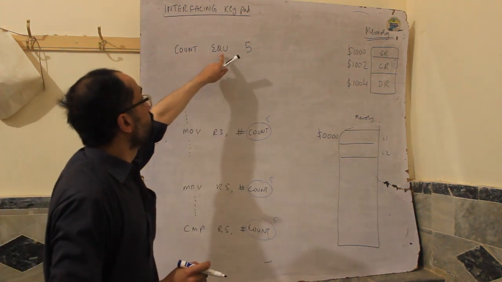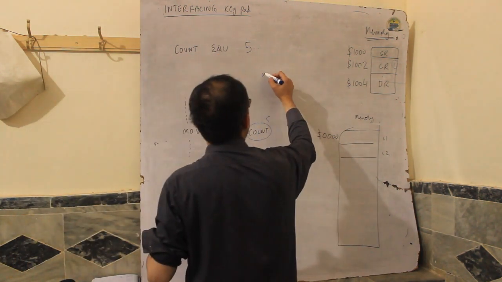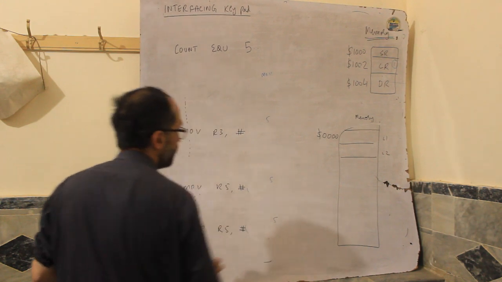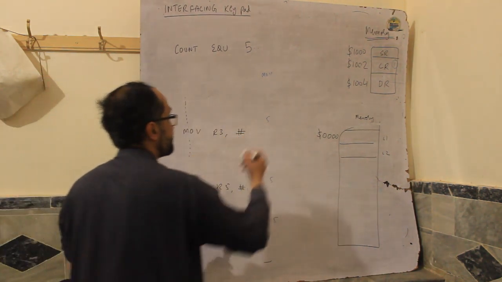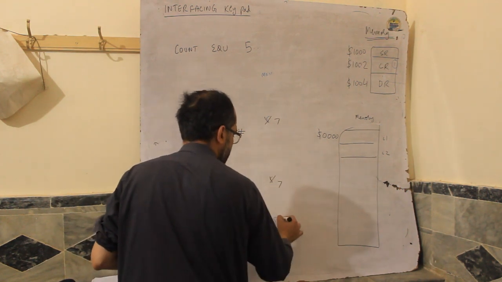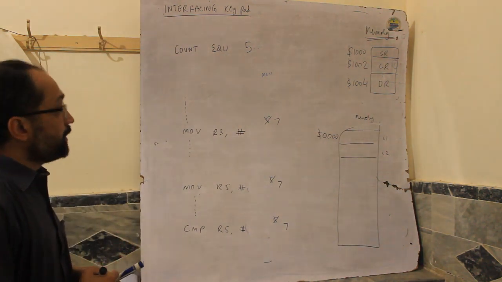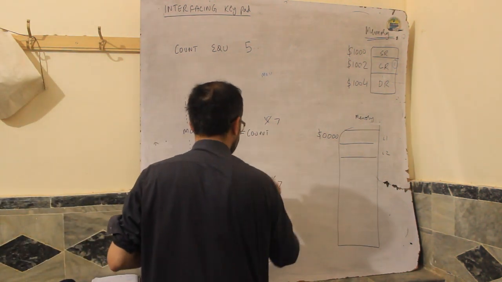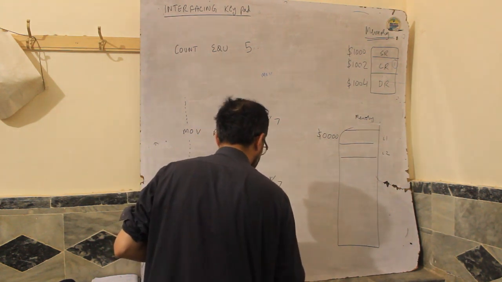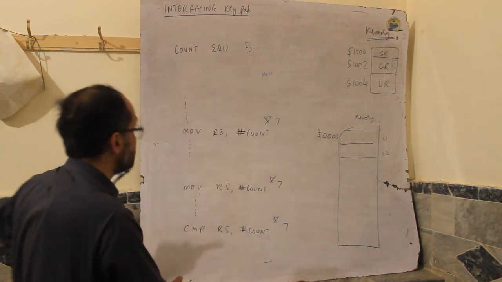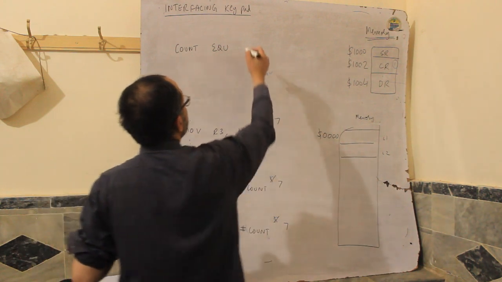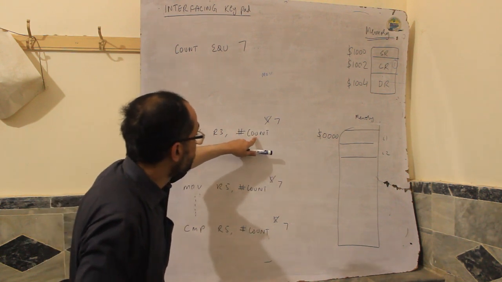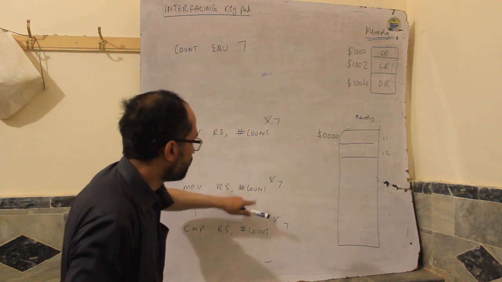Instead of the eq mnemonic, if we use move R3, #5 in three places, and we want to change this value from 5 to 7, we have to make three changes. But if we replace this constant value with count, we have to make only a single change: we change the 5 to 7. All instances of count will be replaced with the value of 7.